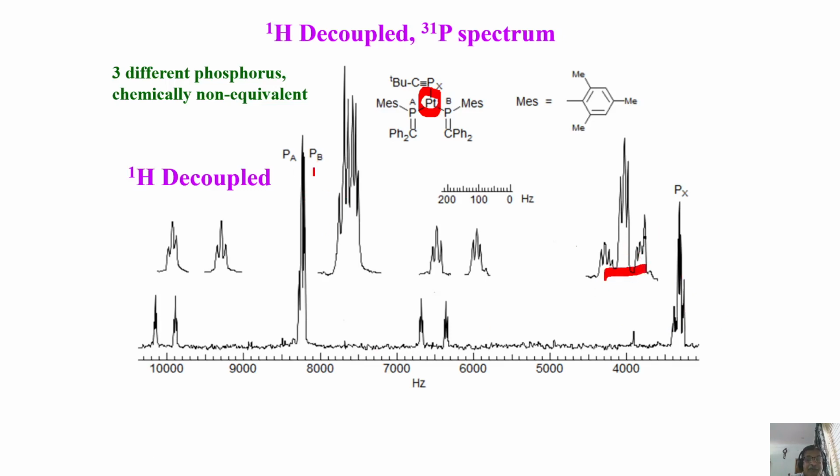For this Pa and Pb, you get two satellites. How can we get two satellites? That means you have two phosphorus chemical shifts more or less overlapped. But interestingly, their couplings to platinum are different. One coupling may be this, other coupling may be this.